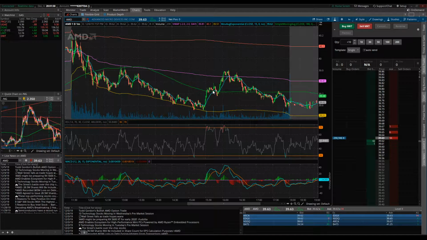If I set it to low, you can see that now the price is set below it. So when it's going up, it's really good indication. It's an awesome indication. But when it's going down, it's an awful indication.